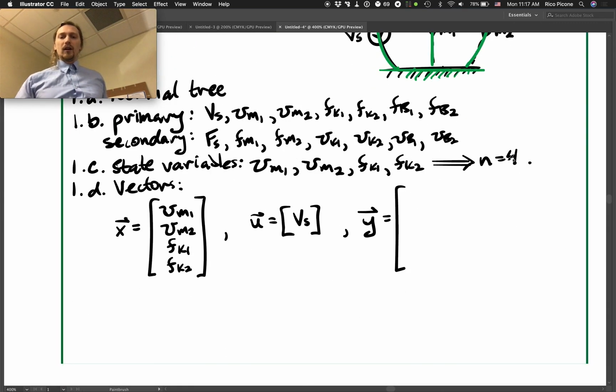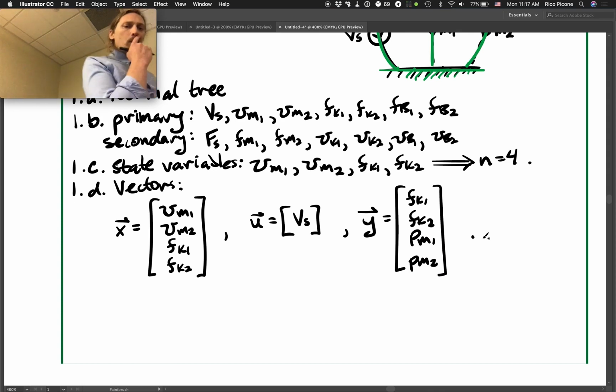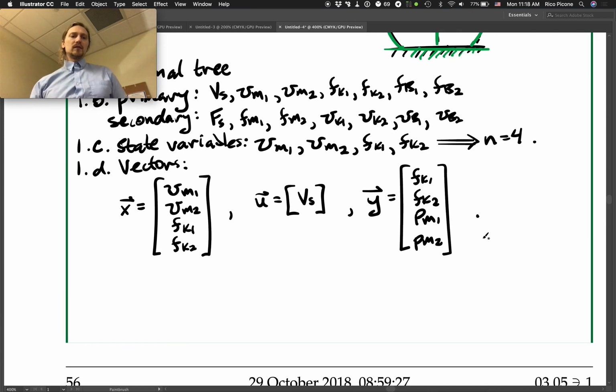So we've got the spring forces, Fk1, Fk2, and then the momenta, Pm1 of mass 1 and Pm2 of mass 2. So those are our vectors: state, input, and output vectors.